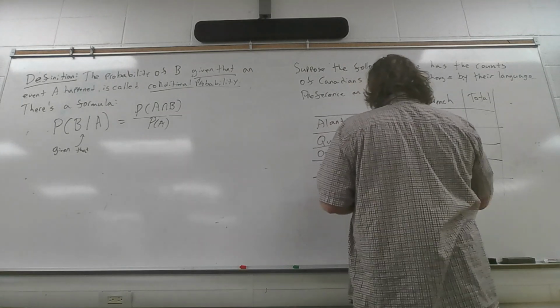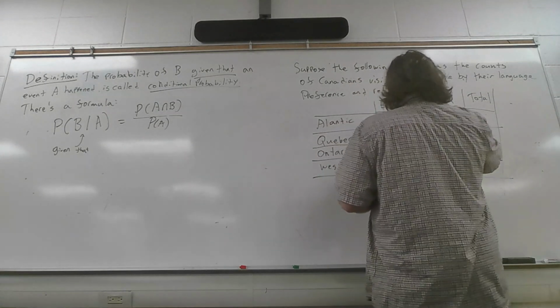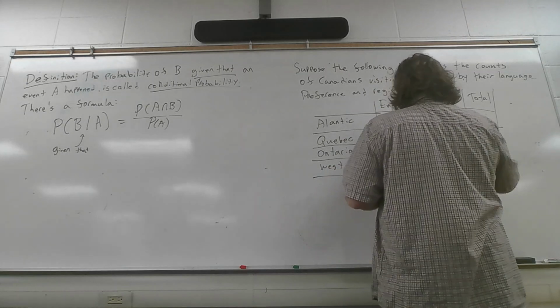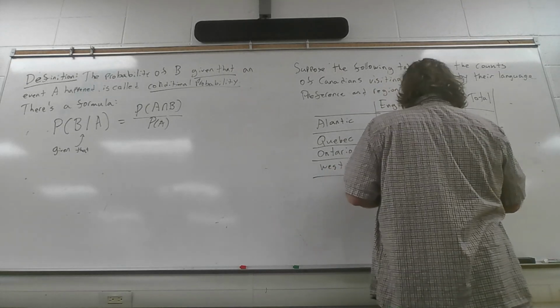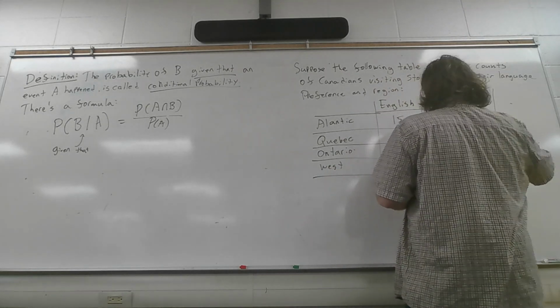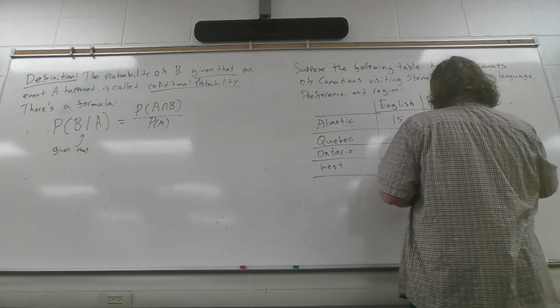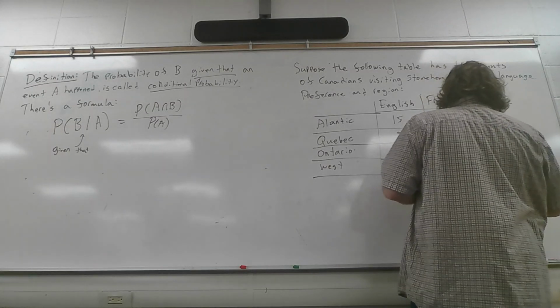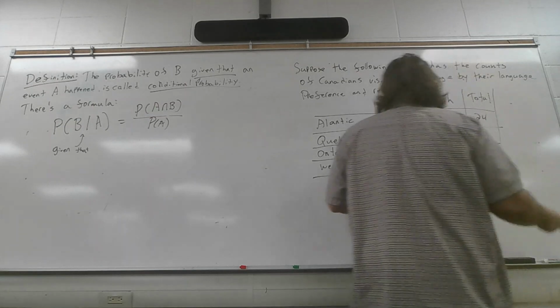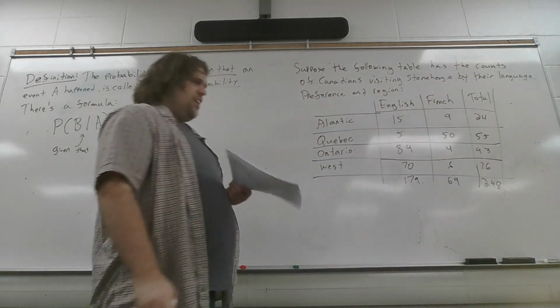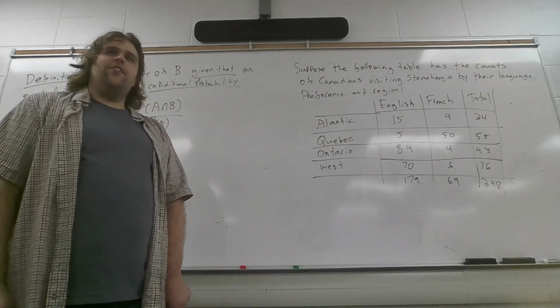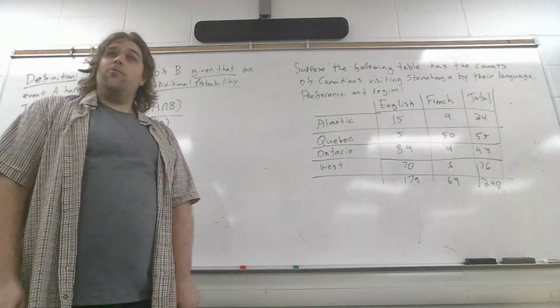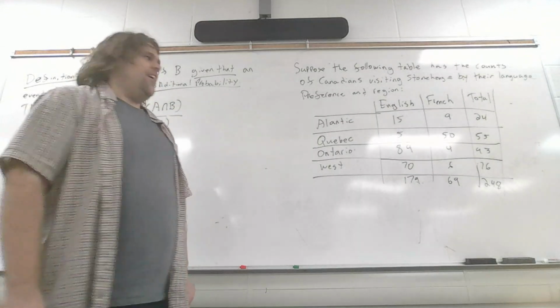89, 70, 179, 9, 50, 4, 6, 69, and 24, 55, 93, 76, and 248. The reason I'm saying this is because the chance of someone choosing their language of preference being French, given that they're from Quebec, is very high.